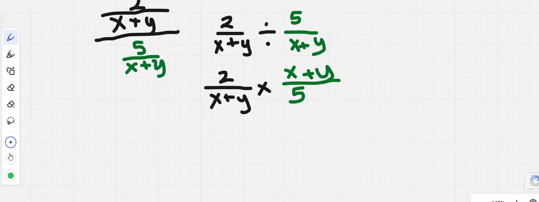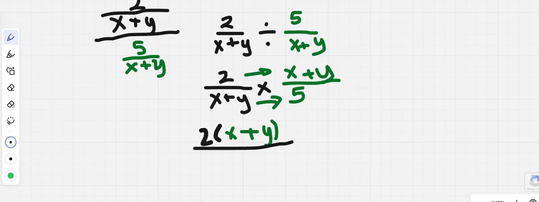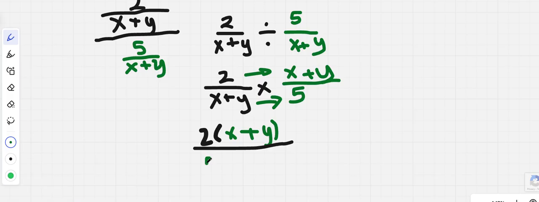So now we multiply straight across, and that gives us 2 times x plus y over 5 times x plus y.